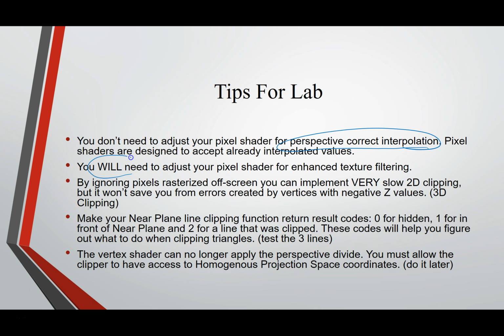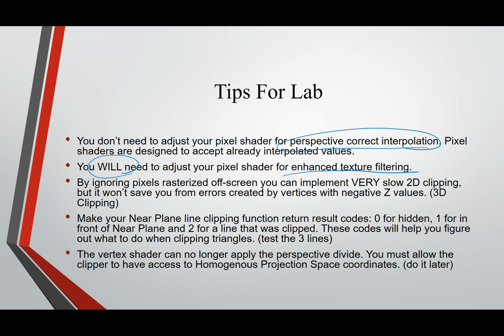However, you will want to adjust your pixel shaders when you're doing enhanced texture filtering, all right? Because remember, pixel shaders, that's where you are doing all of your texturing. So when it comes to doing mip mapping, bilinear filtering or trilinear filtering or anisotropic or what have you, that is something you're going to do right there in your pixel shader.